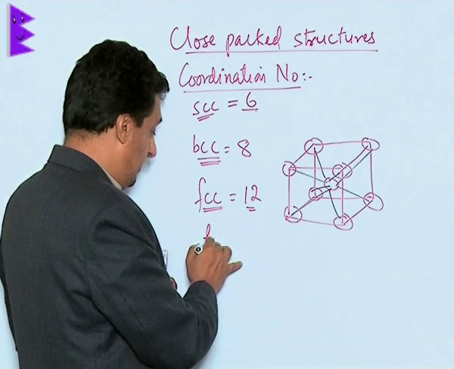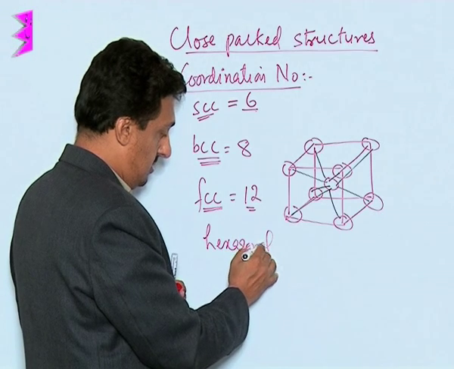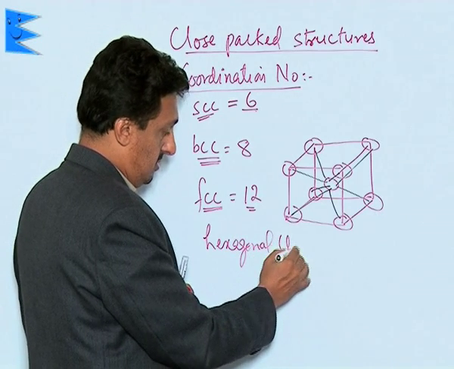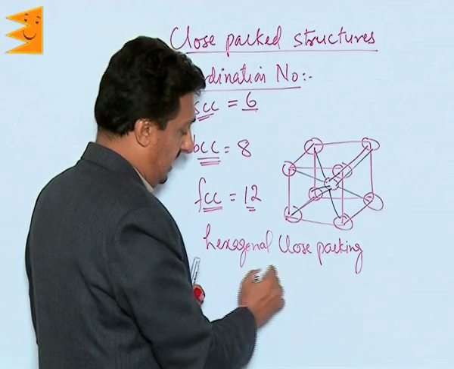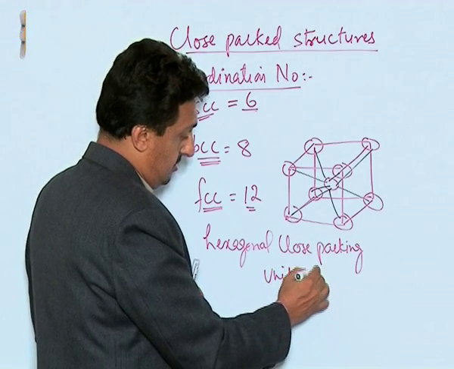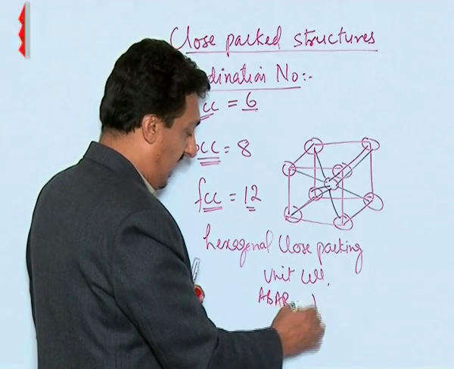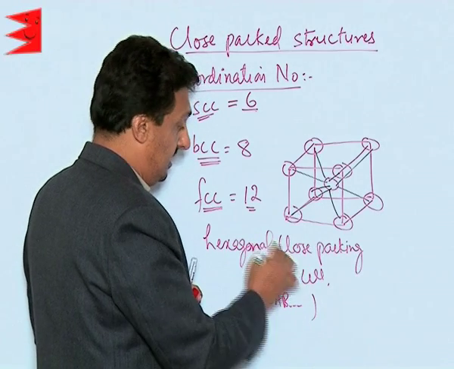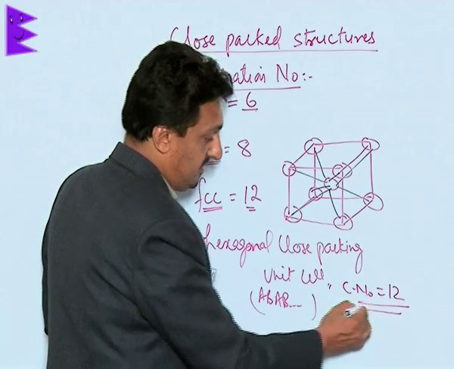In case of the hexagonal close packing unit cell, which we got from AB type of packing, remember, the coordination number is also 12.